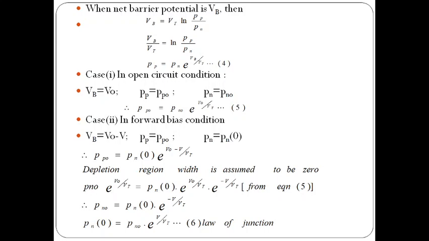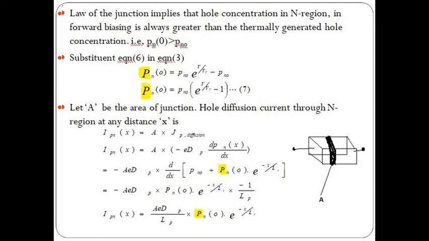So when you are applying the forward biasing, the concentration in the n region is always greater than the thermally generated hole concentration. That means Pn of 0 is always greater than Pn naught. This Pn naught is nothing but, we already know, the thermally generated holes in the n region.